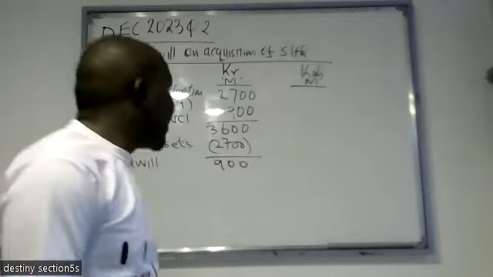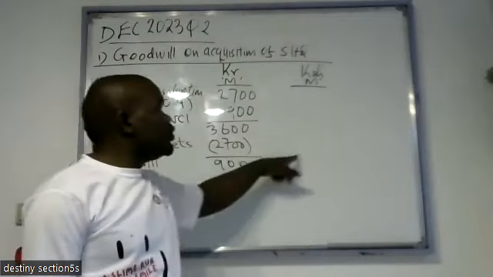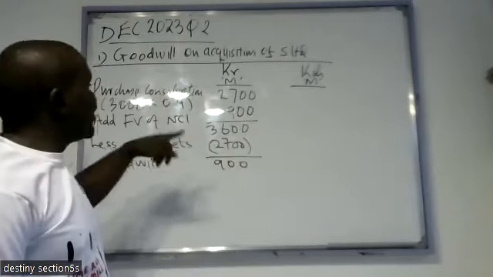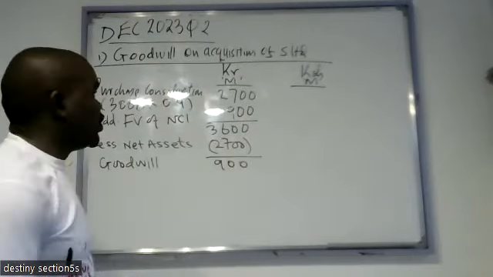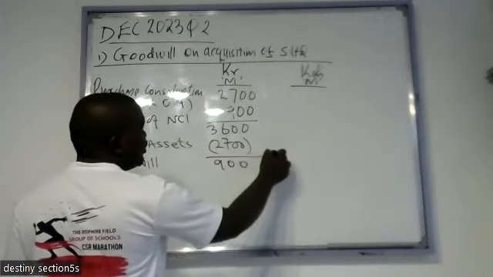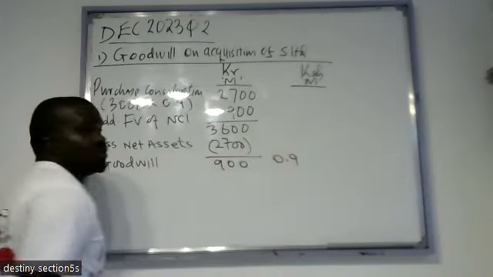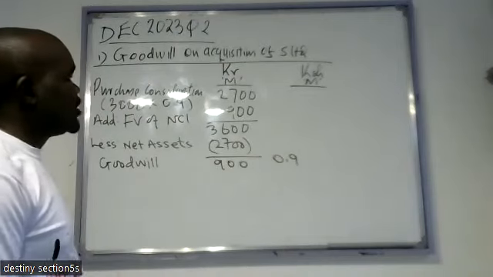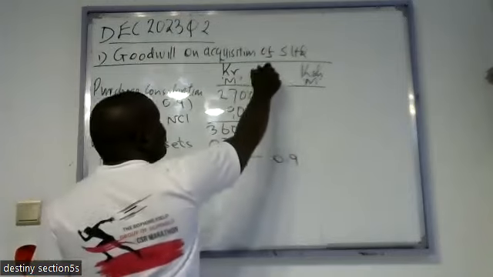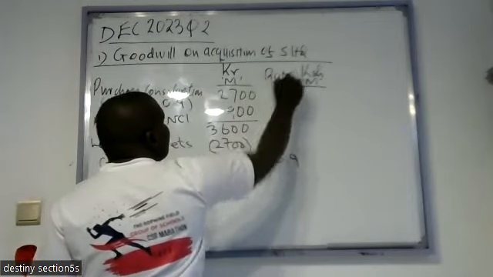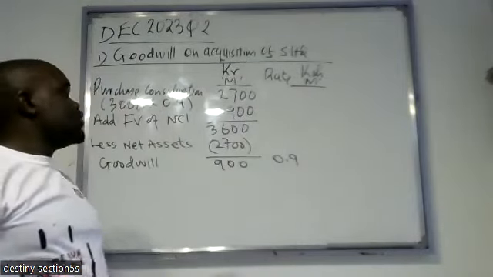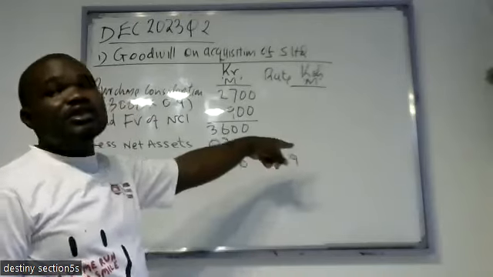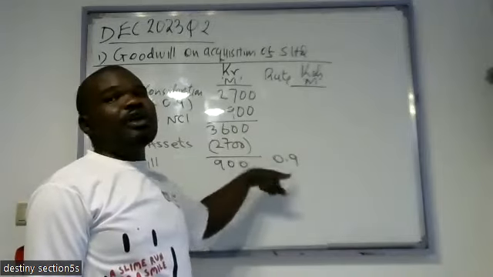So after you have computed in crowns, is when you translate it to Kenya shillings. Goodwill is on the date of acquisition. So the rate on the date of acquisition was 0.9. So right there, 0.9. In fact, in between here, you could have written for me rates. So take 900, divide by 0.9, to go to Kenya shillings, you divide.